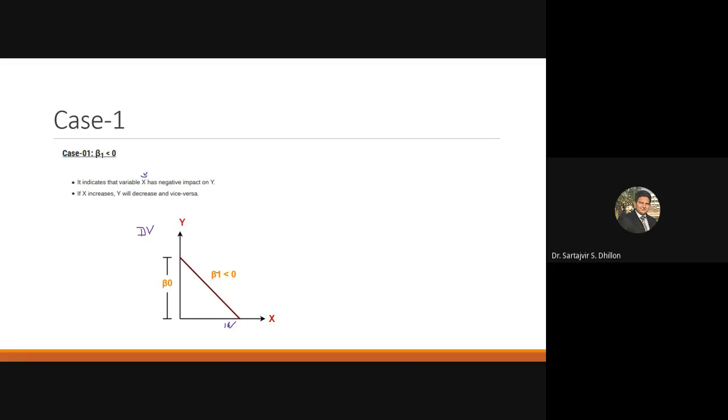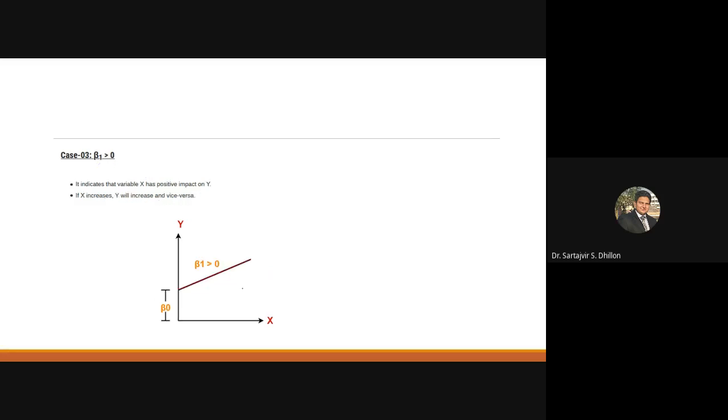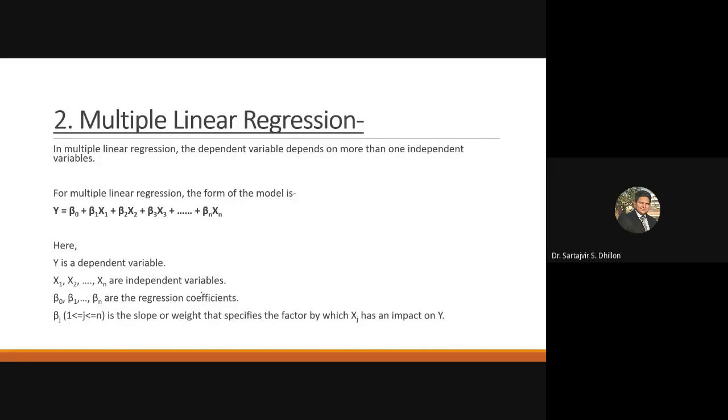If beta 1 is less than 0, then it is a negative impact. If beta 1 is equal to 0, then it has no impact. And if beta 1 is greater than 0, then it has a positive impact on the dependent variable. So you have to remember this case.